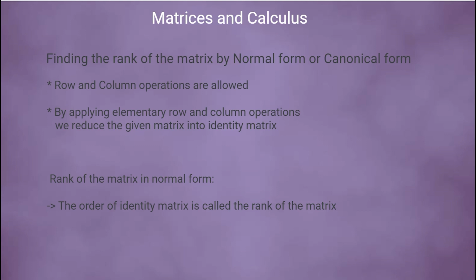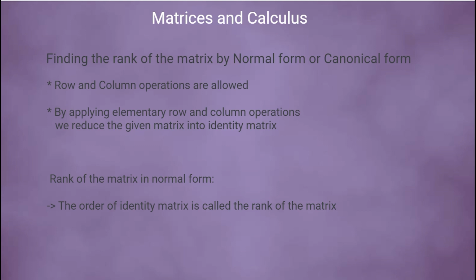All these operations come under row operations, and the column operations are C1 minus C2, C2 minus C3, or C1 swap C2. Like these operations are column operations. So these operations are allowed in this normal form.